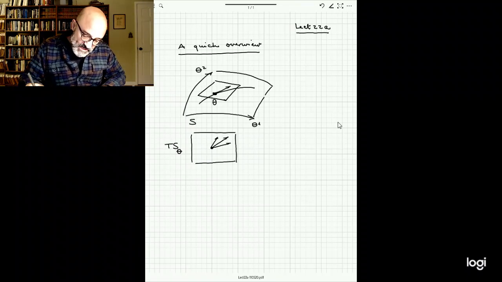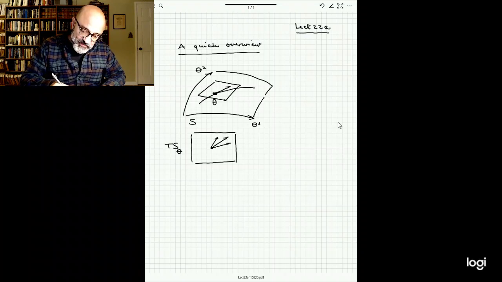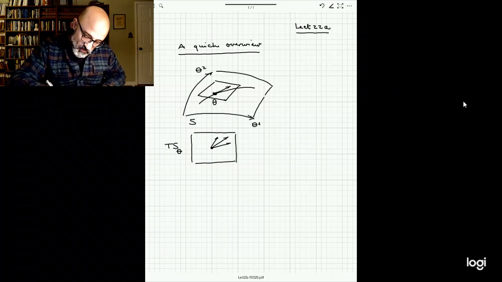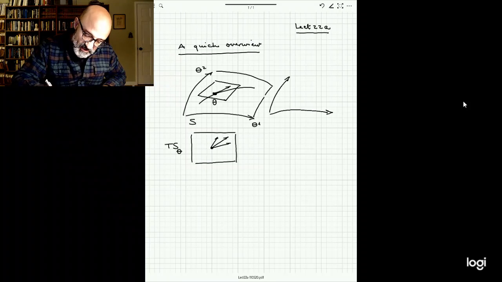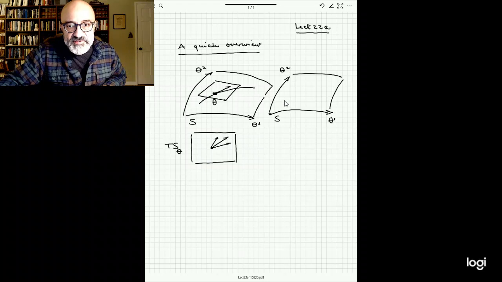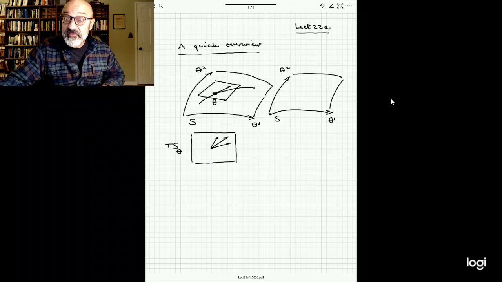Similarly, at the point theta, just like we have curves, we may want to study functions. So here's the space of thetas again, the statistical manifold. Just like we study curves, we may want to study functions.